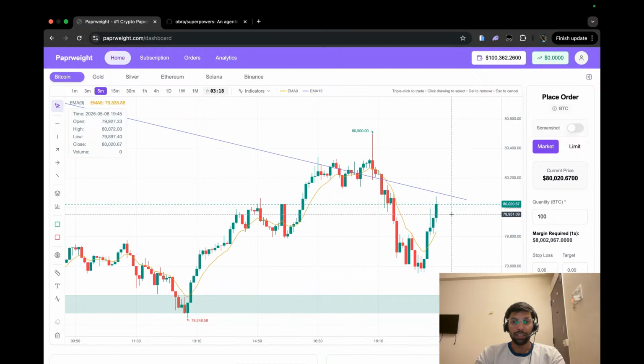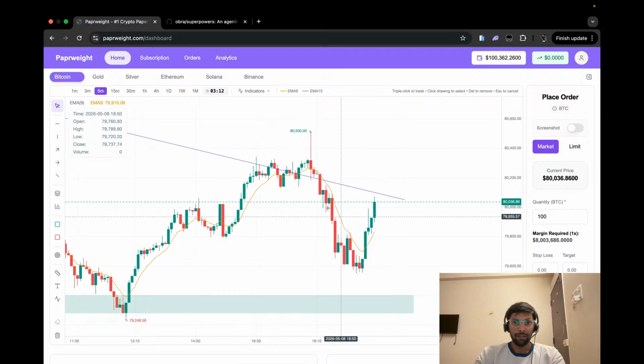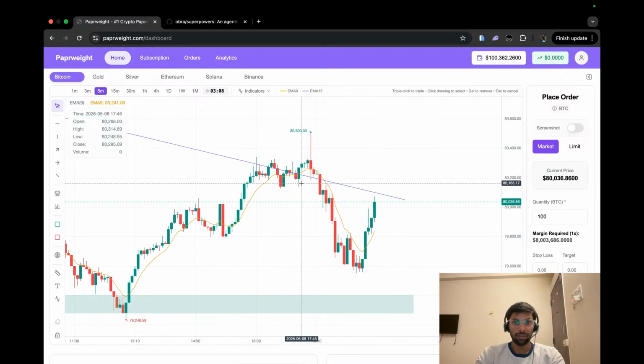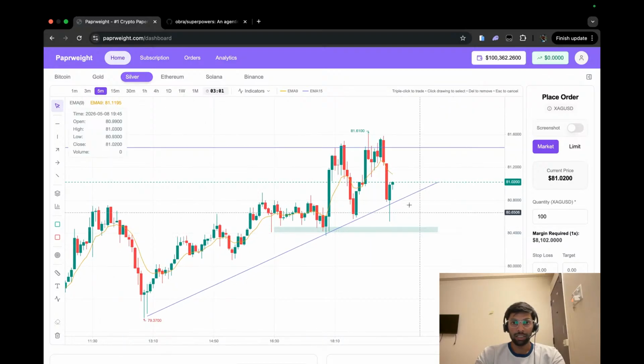There's opportunity in Bitcoin as well, on the selling side, not the buying side, because this has reached the selling area. At the same time, Bitcoin is giving an opportunity on the buying side, but it has to come over here, somewhere here.